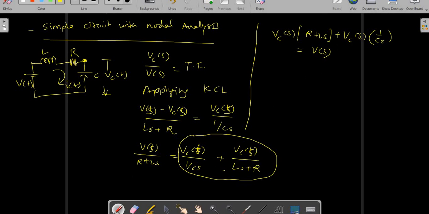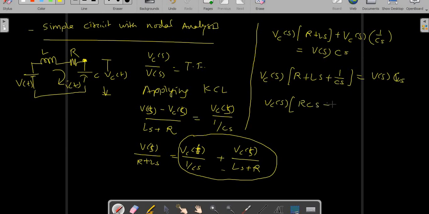So Vc(s) in brackets (R + Ls + 1/Cs) = V(s)Cs. Again, Vc(s) in brackets (RCs + LCs² + 1) = V(s), where Cs and Cs can be cancelled.